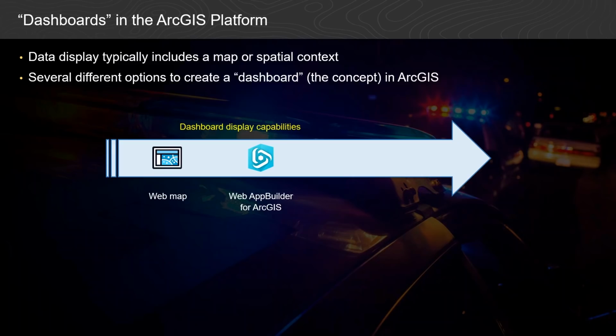But that theme is really just a way to display multiple widgets in Web App Builder in a single display. It doesn't really have the full functionality that you would expect for interactivity and styling capabilities that Operations Dashboard offers. So when it comes to building fully featured dashboards in the ArcGIS platform, Operations Dashboard is really the tool to use.